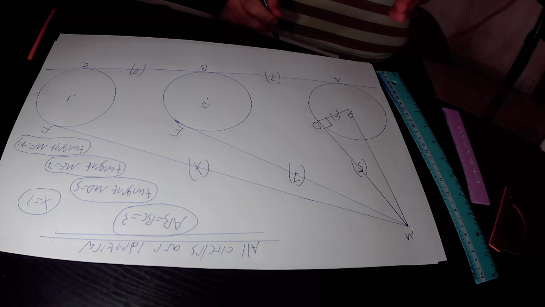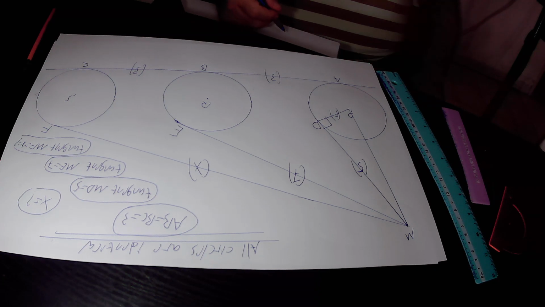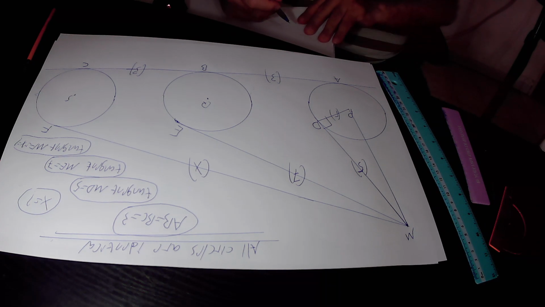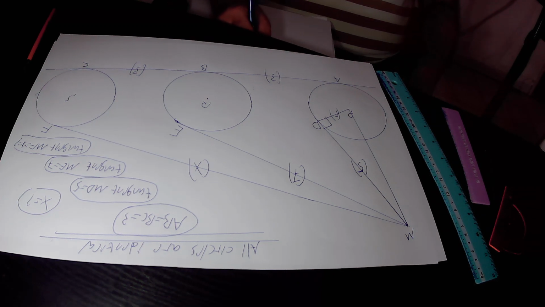So we'll implement the Pythagoras theorem for this right triangle MPD. According to the Pythagoras theorem, in any right triangle, the square of the hypotenuse equals the sum of the squares of the perpendicular sides. So in the right triangle MPD, MP squared, that is the square of the hypotenuse, is equal to PD squared plus MD squared.